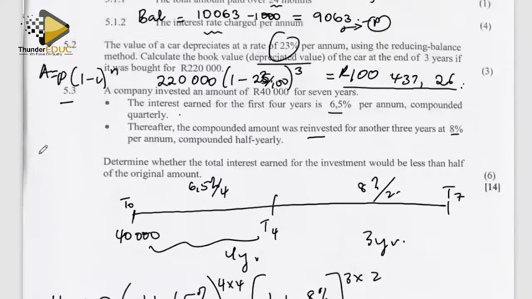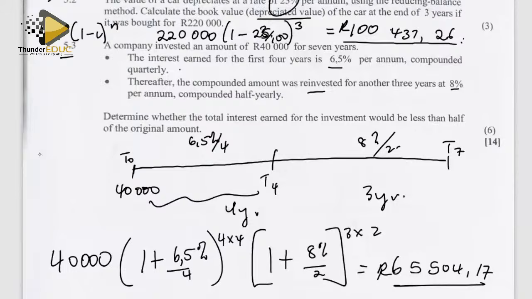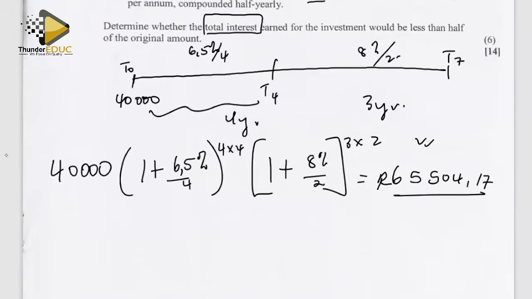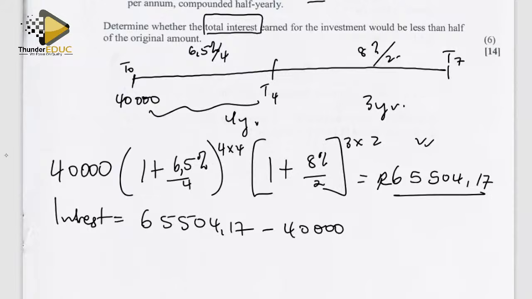Okay, so that is 5.3, but we've not answered the question because the question is asking us to determine whether the total interest that was earned. So this is the total. Can we get the interest? So interest is going to be the difference, okay? So 65,504.17 minus the 40,000.